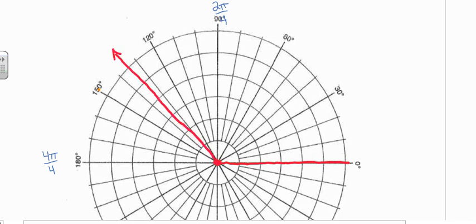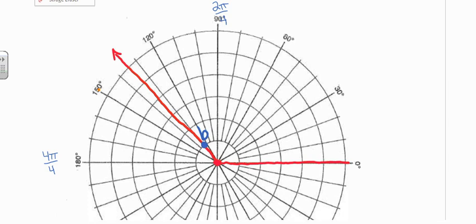There's my angle measure. We want to move 1 unit out from the pole. So if I move 1 unit out, there's my point with radius 1 and angle measure 3 pi over 4. That is my letter B.